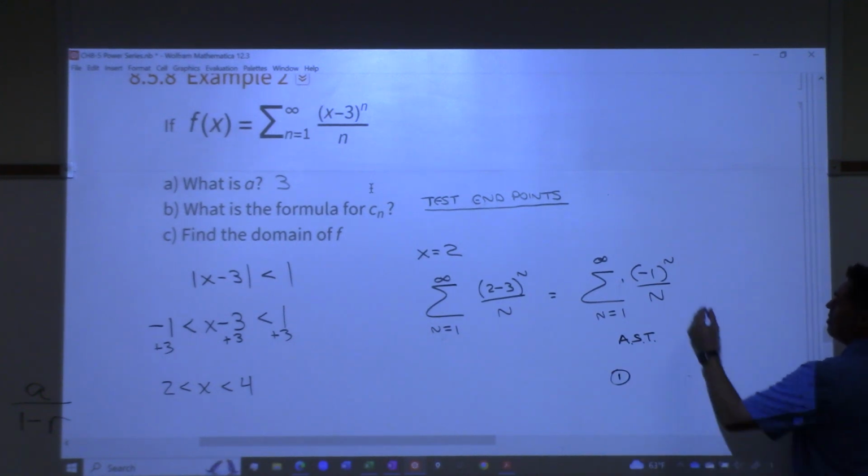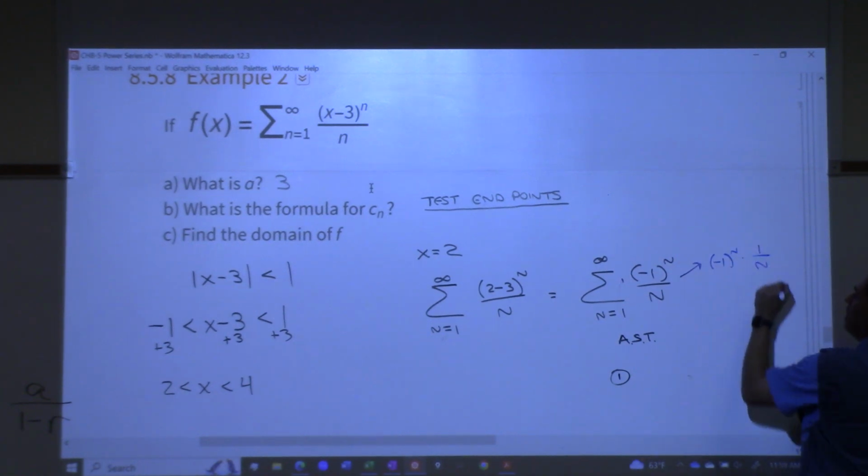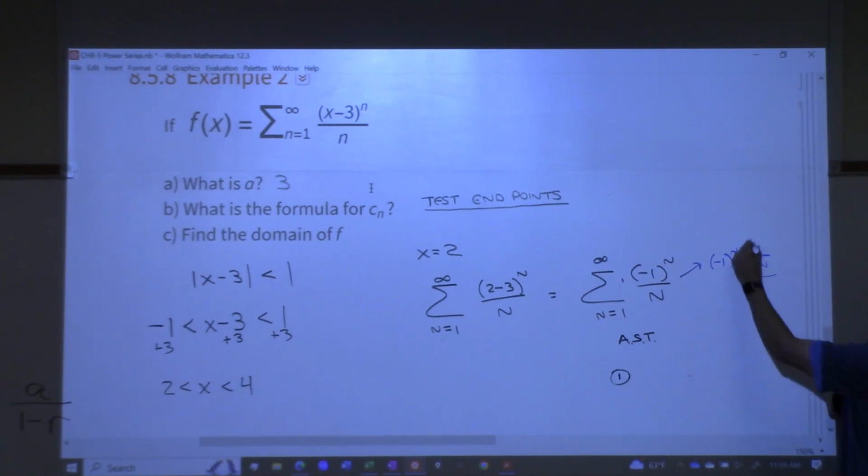with an alternating series, I have to rewrite this as negative 1 to the n times 1 over n, like split it into two pieces, and I'm focusing all of my attention on that piece right there. So I have to show that it's what? Decreasing, and then the second condition? See if that sequence goes to 0. If those two things are true, it's convergent.